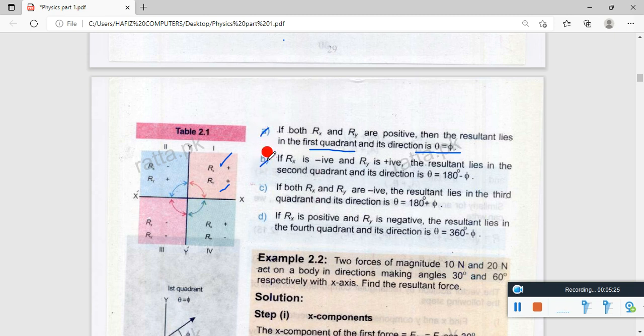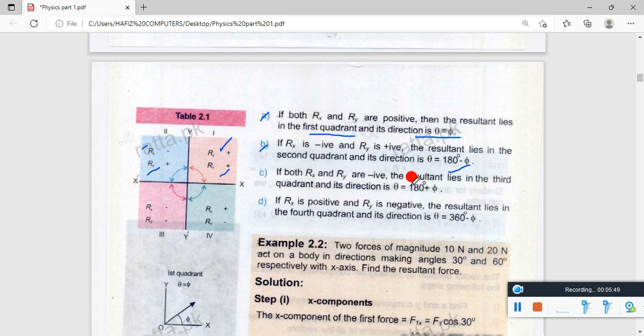If Rx is negative but Ry is positive, the resultant lies in the second quadrant and its direction is given by 180 minus phi. This is the second quadrant. If the vector lies in this quadrant, its direction can be determined by finding phi and then subtracting it from 180 degrees.